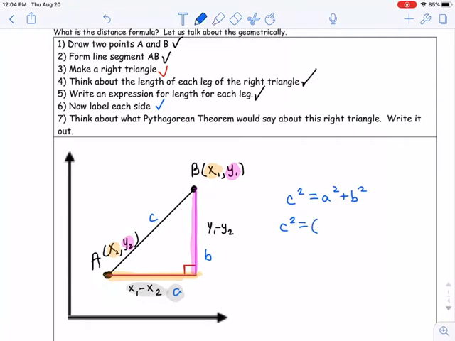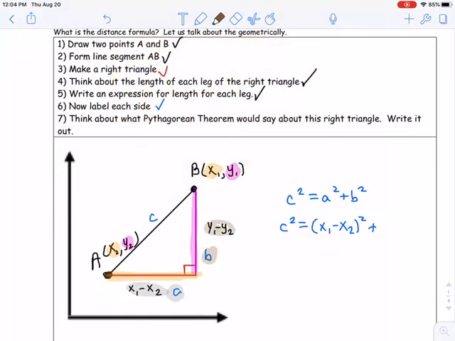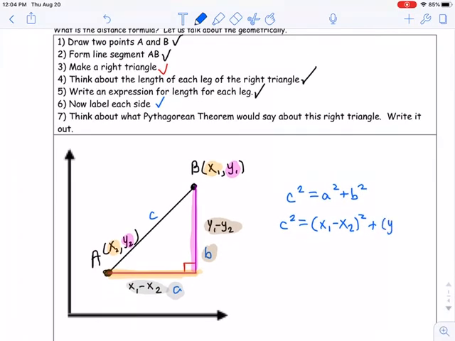So I'm going to plug that in right there, x sub 1 minus x sub 2 squared. Plug that in for A. I'm going to do the same thing for my good friend B over here. That side is y sub 1 minus y sub 2. Squared.